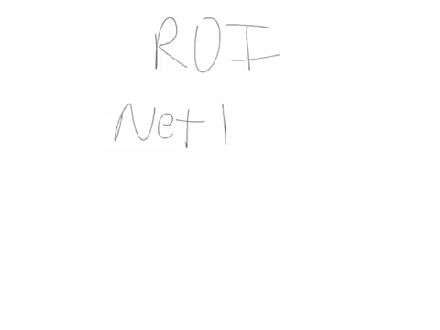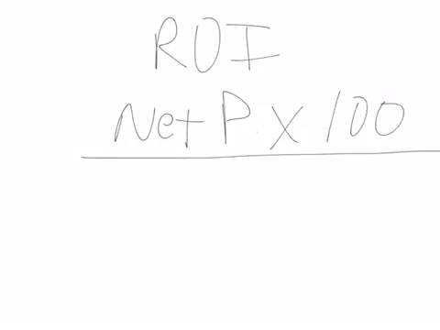And one thing that I found, especially working in training, is that a lot of people think ROI is a numerical value or your profit, when ROI, in fact, has to do with profit, but it is basically your net profit, so your net, we'll just say P because I'm writing, times 100 over your investment.